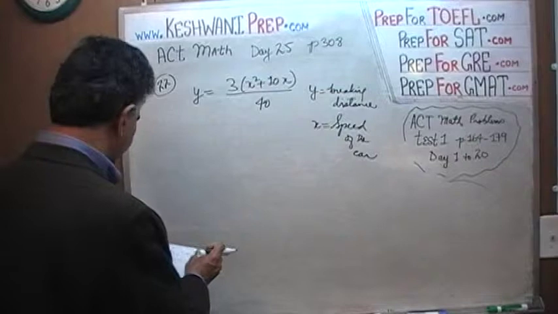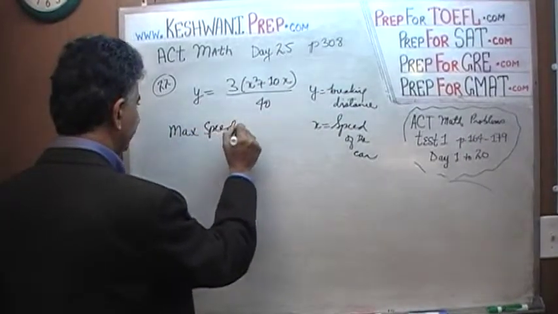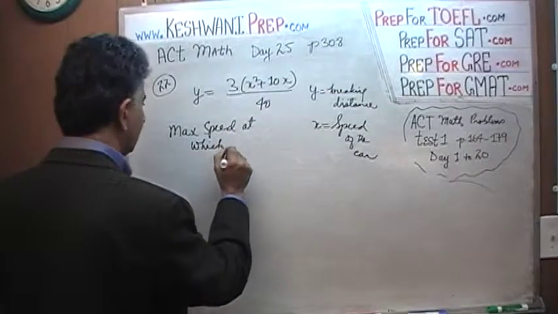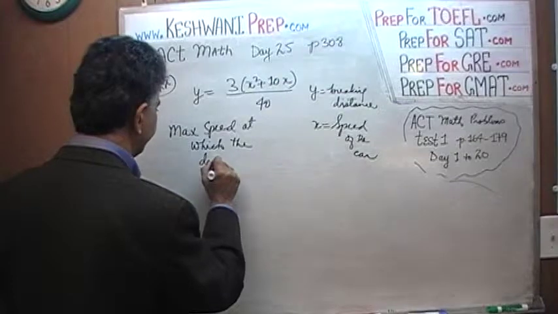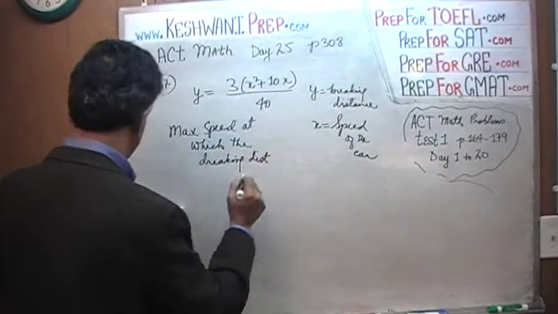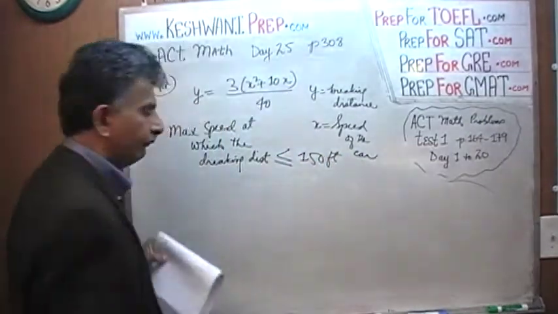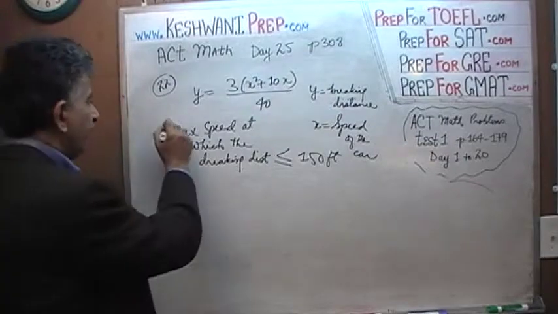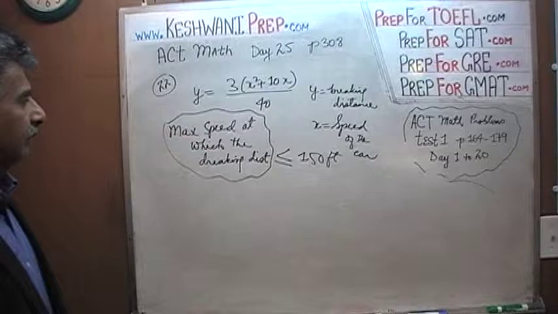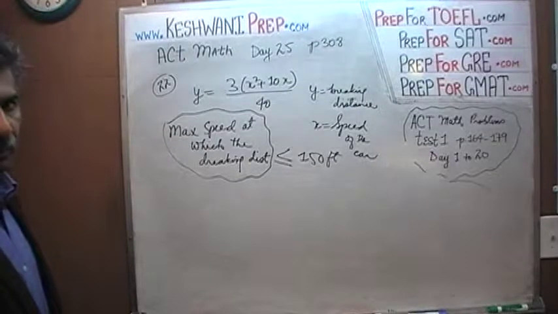So the question here is, what's the maximum speed at which the braking distance is less than or equal to 150 feet? How do I find our maximum speed if the braking distance has to be 150 feet or less?